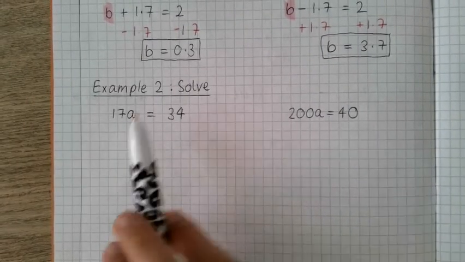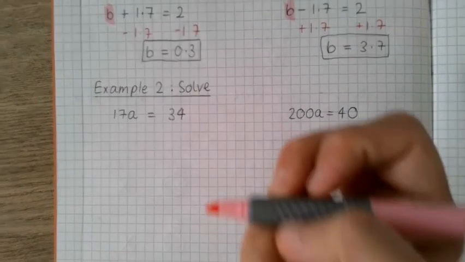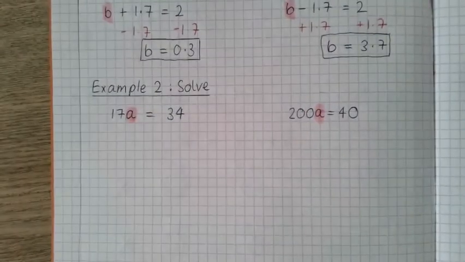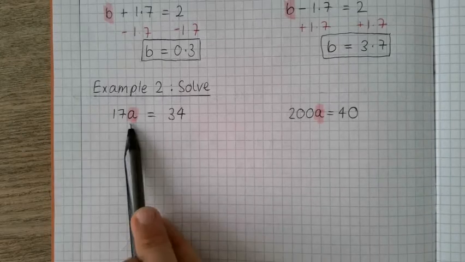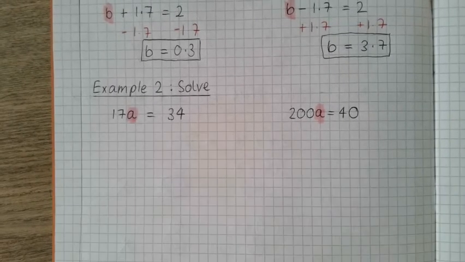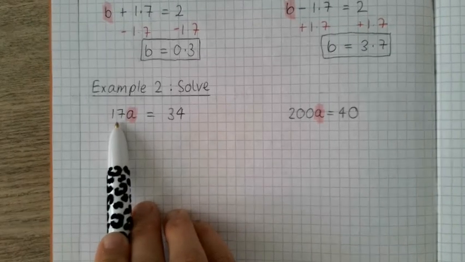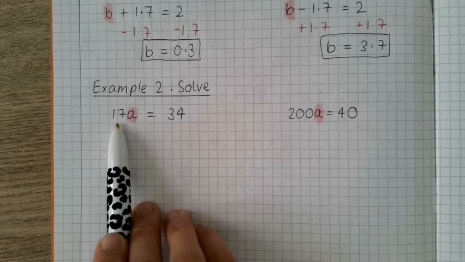Over here, a, which is what we're trying to find, remember solving means find the letter, find what the letter is equal to. A is being multiplied by 17. 17a means 17 times a, right? So if a is being multiplied by 17, well, how do I undo multiply by 17?